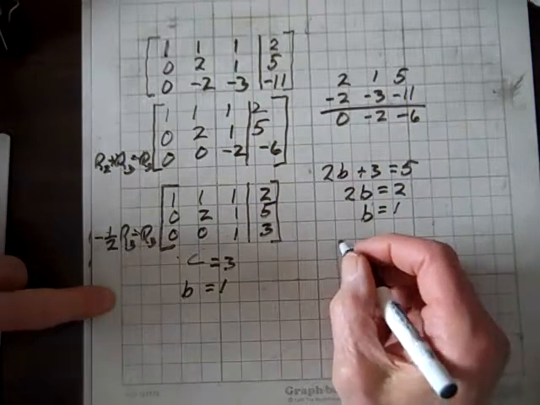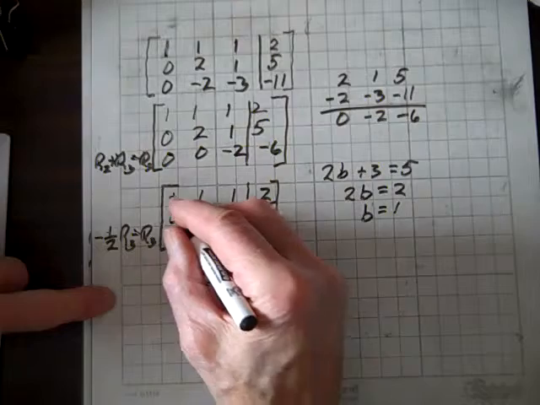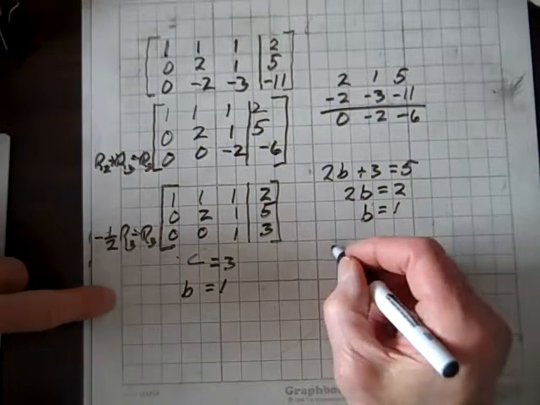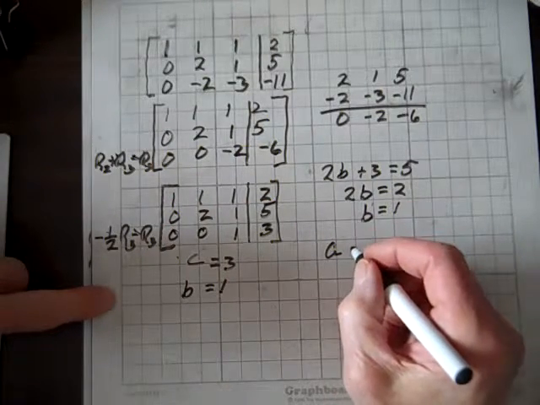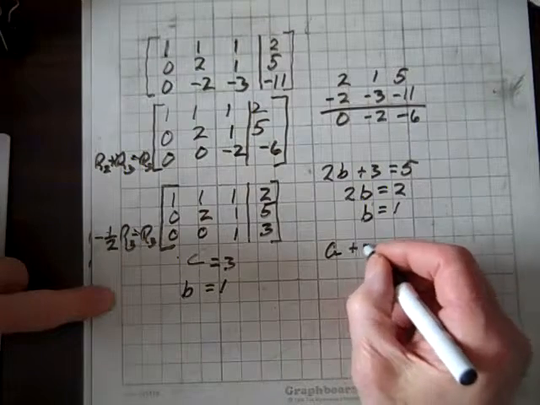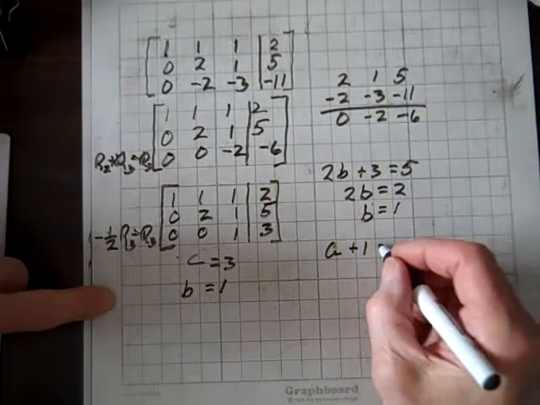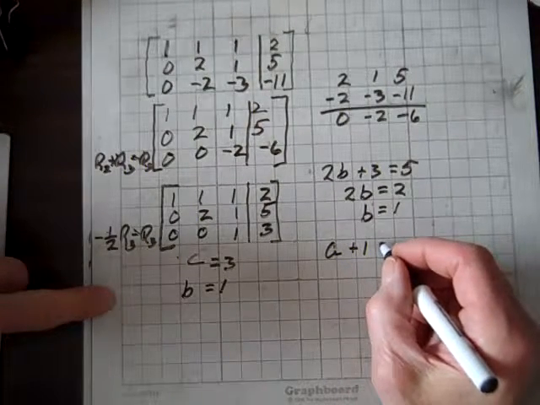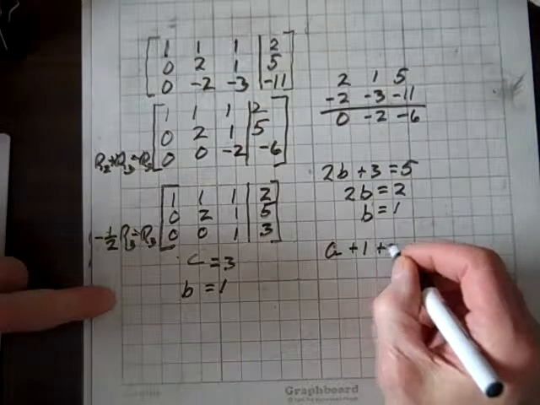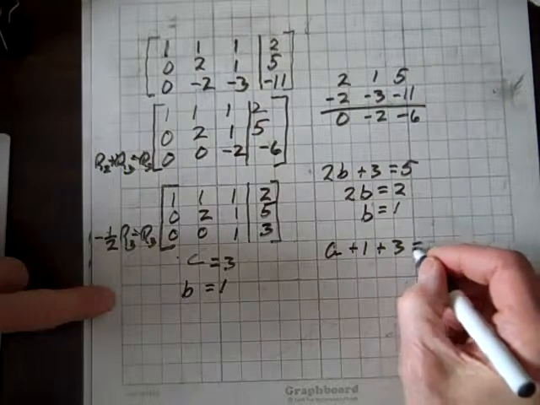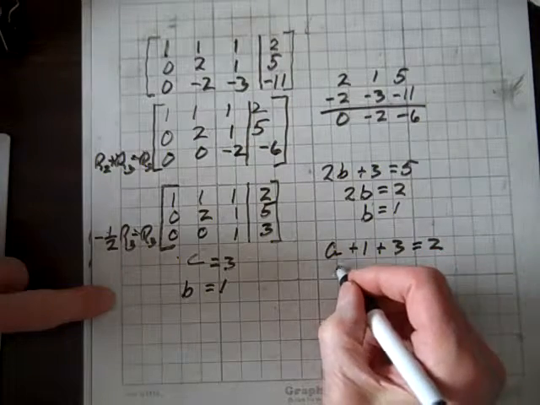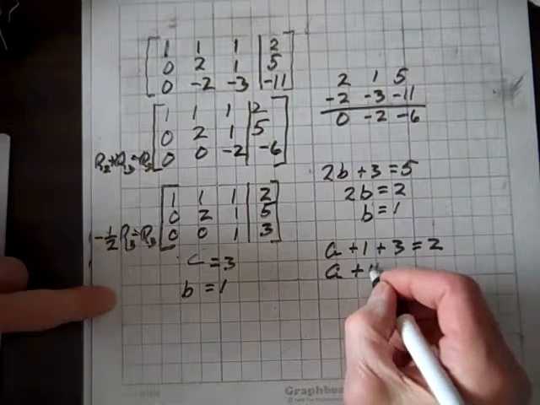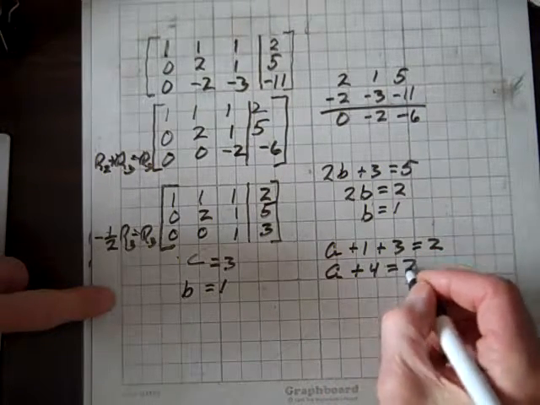And finally, we've got a, 1a, so a plus 1b, but b is 1, plus 1c, but c is 3, and that equals 2. So in other words, a plus 4 equals 2.